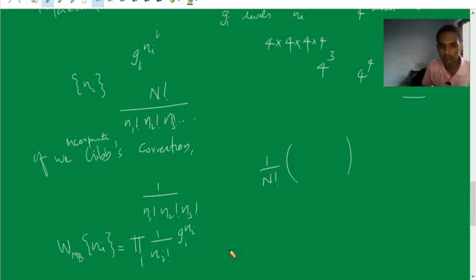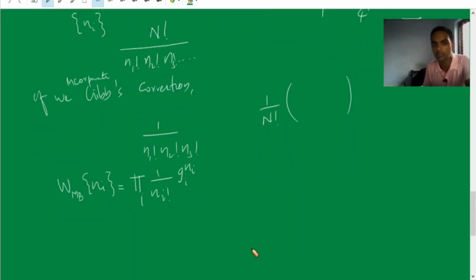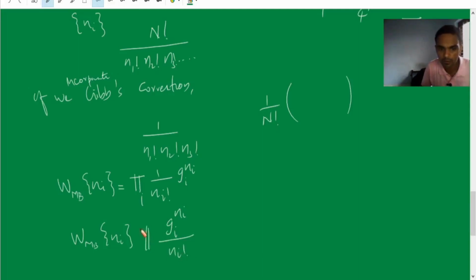This is the total number of ways of the Maxwell-Boltzmann system for a set. So WMB of Ni is equal to Gi raised to Ni divided by Ni factorial. So the product. This is the Maxwell-Boltzmann case.